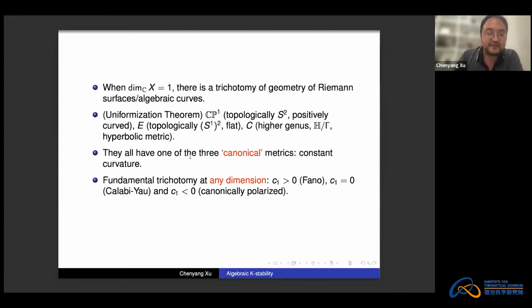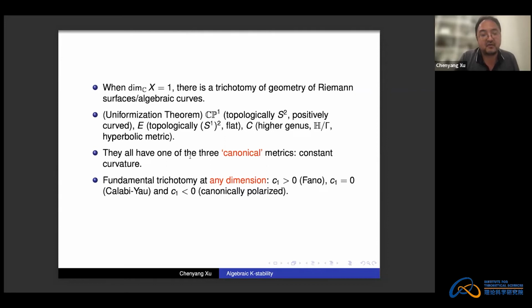Let's first look at the simple case when the dimension is equal to 1. That's just a Riemann surface, or what we algebraic geometers call an algebraic curve. In this case, Poincaré proved the famous uniformization theorem, which says that any compact Riemann surface has three forms.